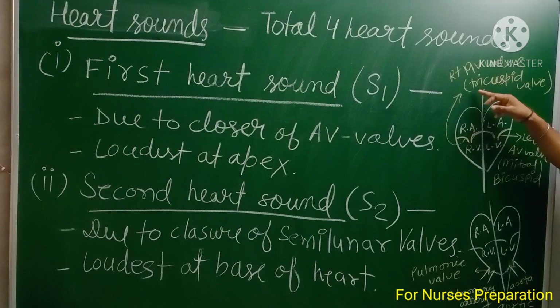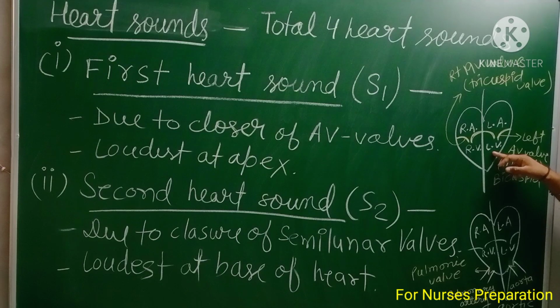This valve is also known as the tricuspid valve. The valve found between the left atrium of the heart and the left ventricle is known as the left AV valve or left atrioventricular valve. This valve is also known as the mitral valve or bicuspid valve.